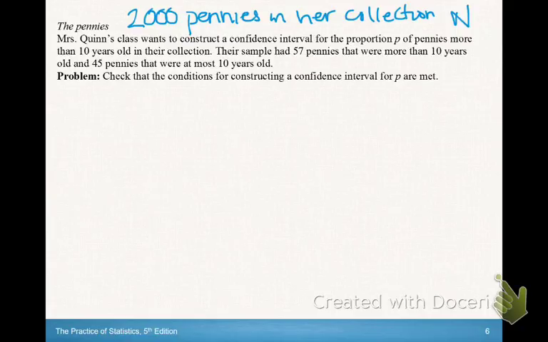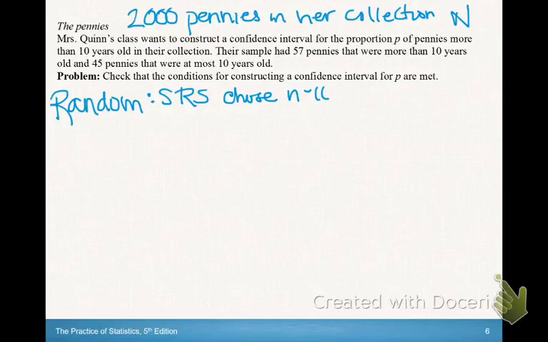So we have to check that the conditions for constructing a confidence interval for p are met. The first thing we have to check is, do we have a random sample? Yes, because they took their pennies and did a simple random sample and chose n equals 107 pennies from the collection.